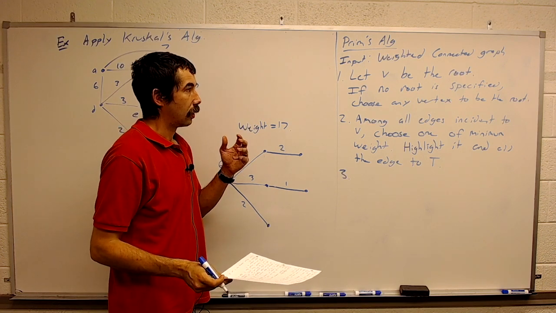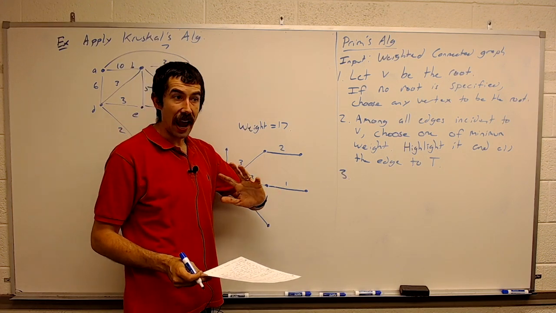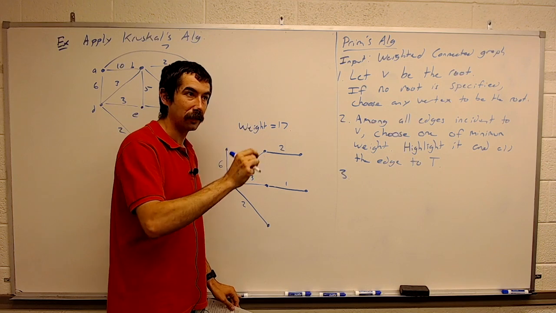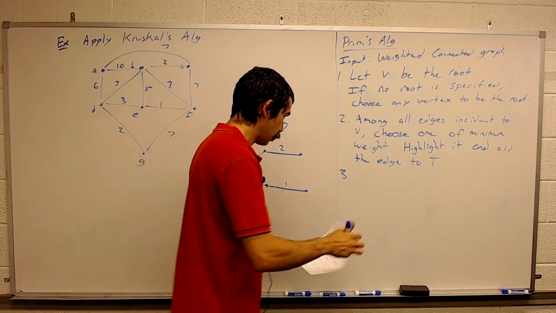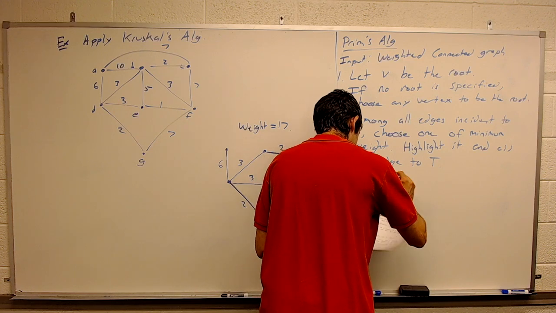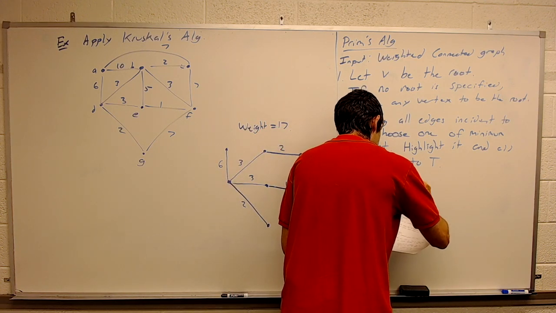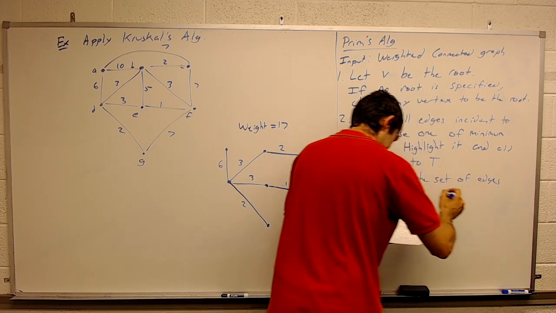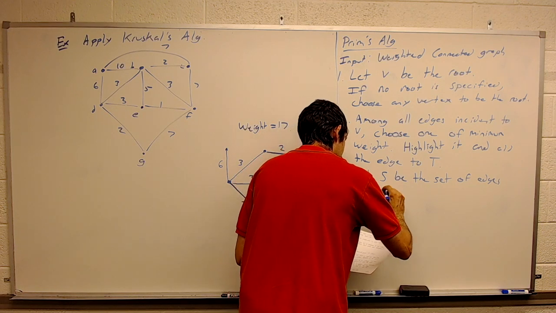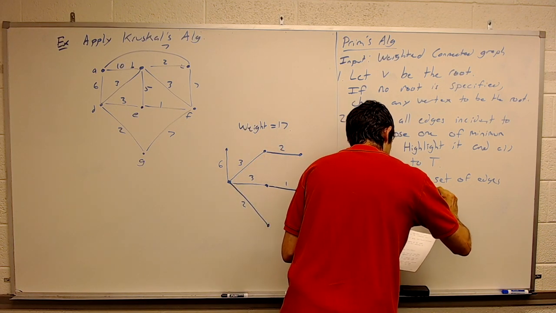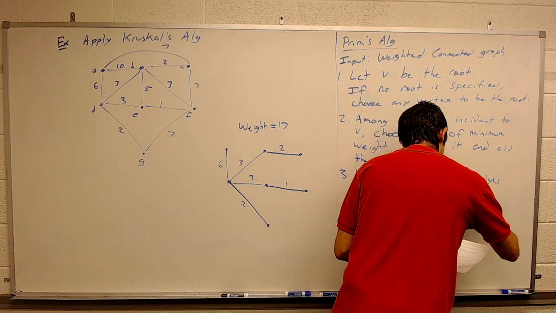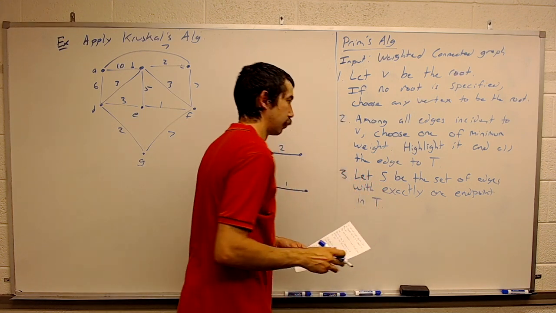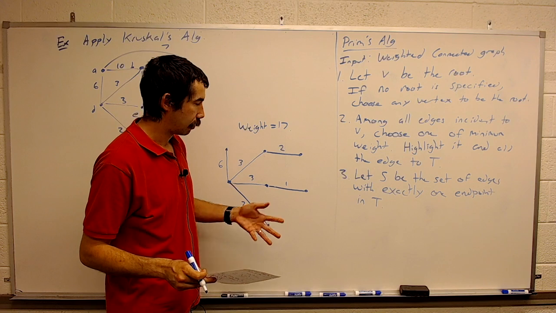Okay? Now we're going to look at the set of edges that have exactly one of its vertices in the tree. So let S be the set of edges with exactly one endpoint in the tree that we've built so far.